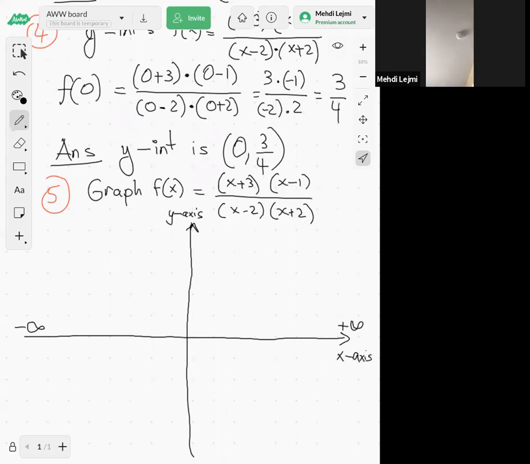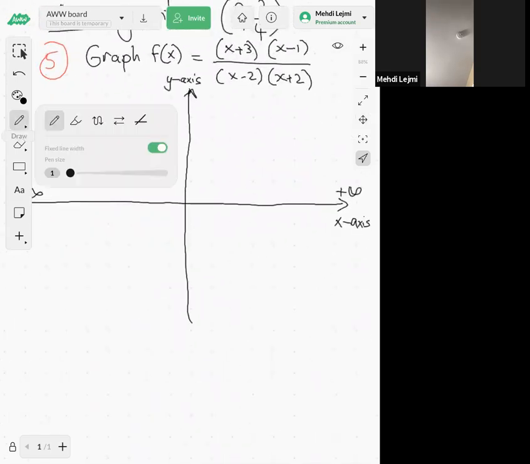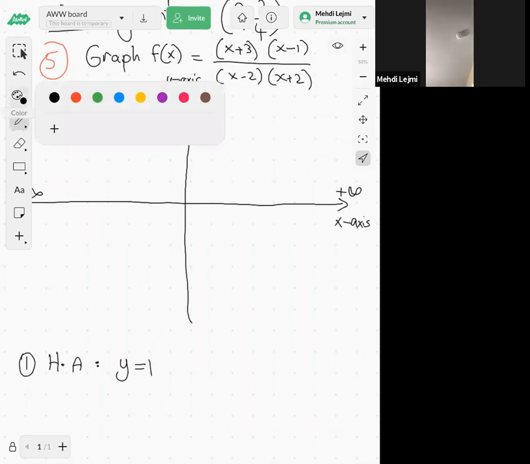So first we start with the horizontal asymptote, right? We said the horizontal asymptote is y equals 1. So I'm going to draw the horizontal asymptote first. Let me write it down here for you. Horizontal asymptote, y equals 1.